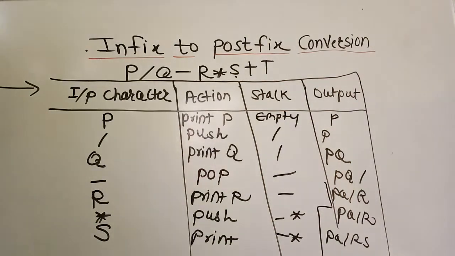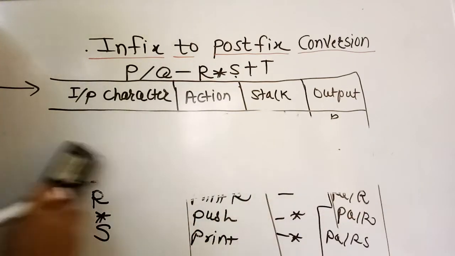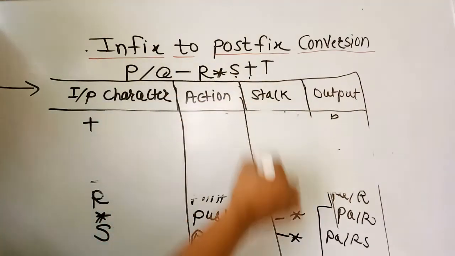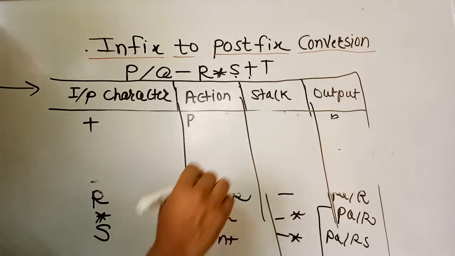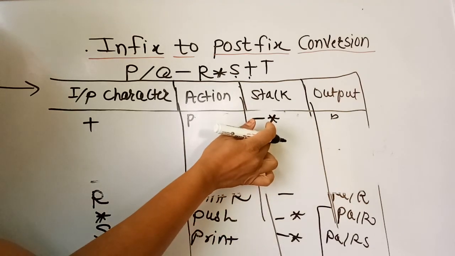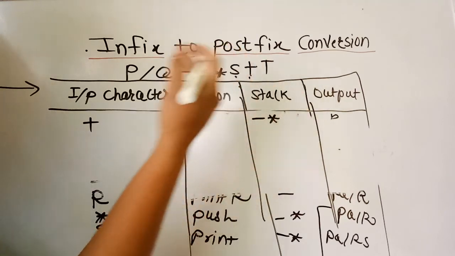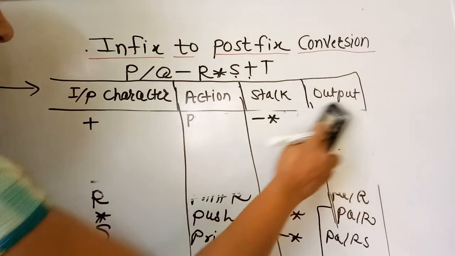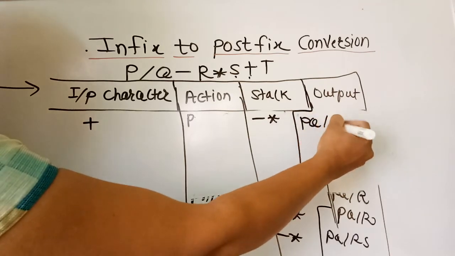Now we will write the next steps. Next will be the plus operator. First of all, the previous stack contains minus and star. Now we know that star has higher priority than plus, so we have to pop all the operators from the stack. The previous output was PQ divide RS.